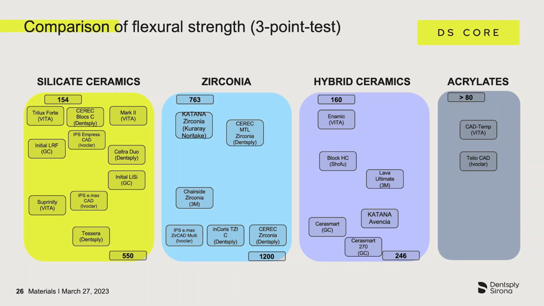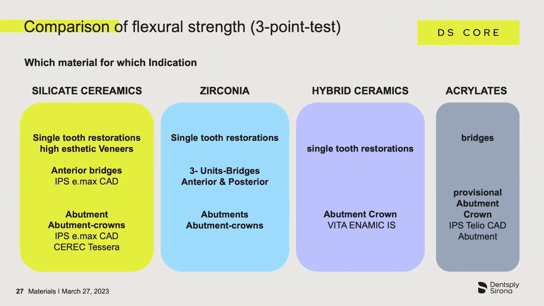The acrylates, such as CAD-Temp from Vita and Telio CAD from Ivoclar Vivadent, have a flexural strength of over 80 megapascals in the 3-point flexural test. The flexural strength is only one important factor for the indication.